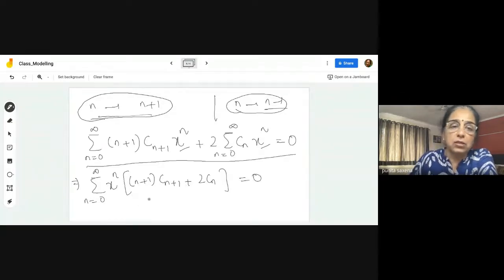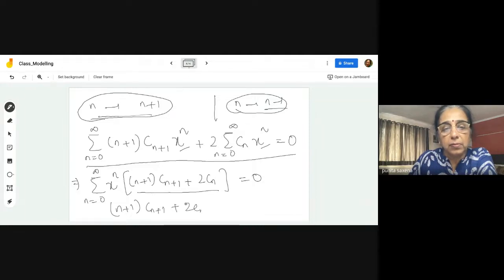Now we use the logic that I have an infinite series equated to 0. So what should I have? All the coefficients must be 0. So what do I get? (n plus 1) c(n plus 1) plus 2cn must be 0. Is that okay?